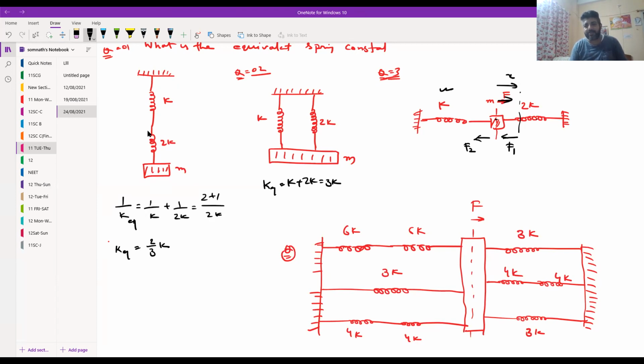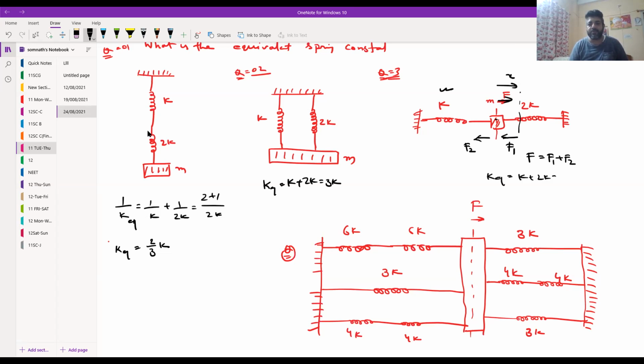If this goes this way, then this goes this way, and this one also. So what is the net? F1 plus F2, yes or no? Yes, sir. So that means this is a parallel connection. So K equivalent is K plus 2K.